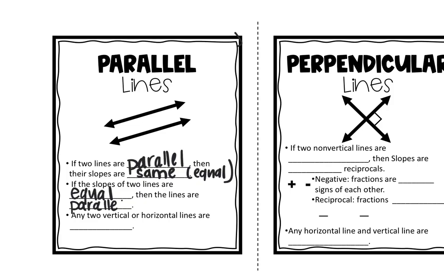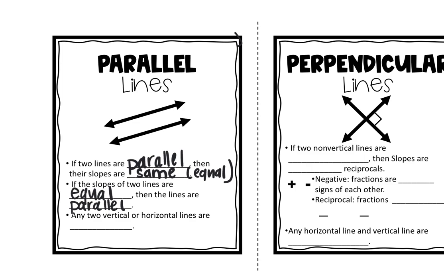It means the same thing as the previous statement, but the other way around. So we can also say that if two lines have equal slopes, then the lines are also called parallel.